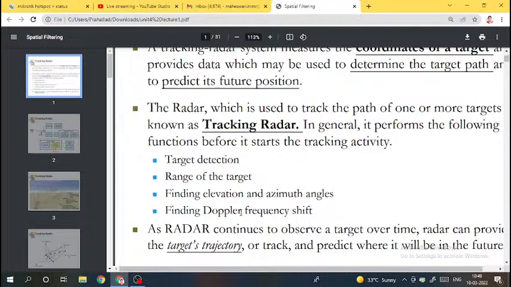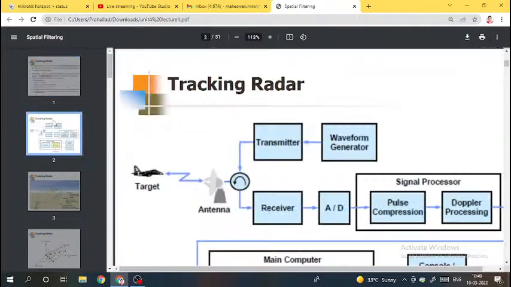And you can also find the Doppler frequency shift. So the main aim of tracking radars is to find the trajectory, the future position of the target. That is the difference between the other radars which we have discussed and tracking radars.